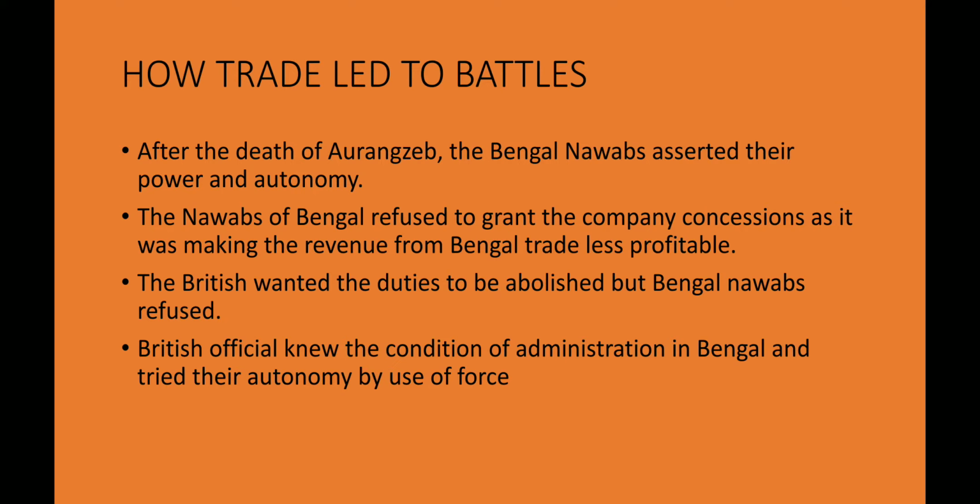Next topic is how trade led to the battles. What happened? The conflict between the company and the Nawabs of Bengal intensified after the death of Aurangzeb. The other strong rulers of Bengal, for example Murshid Quli Khan, Ali Vardi Khan, and Sirajuddaulah, refused to grant any concessions to the East India Company.